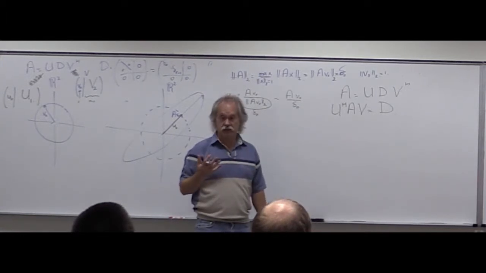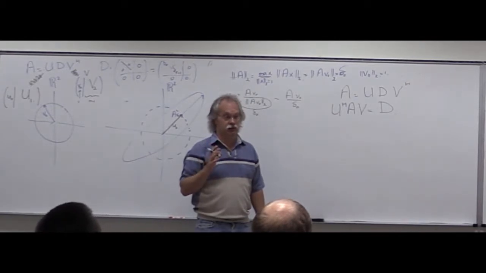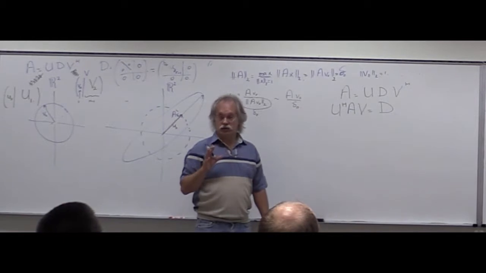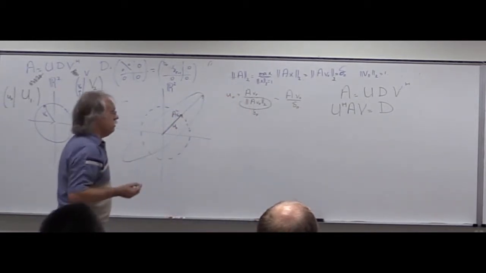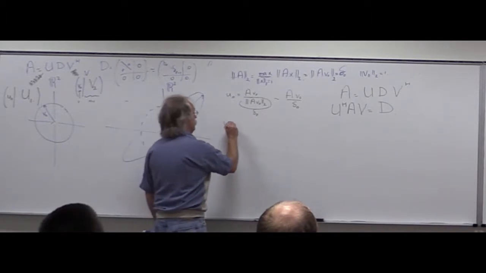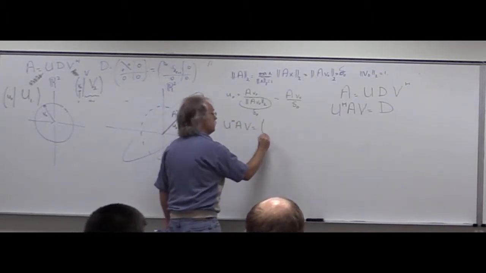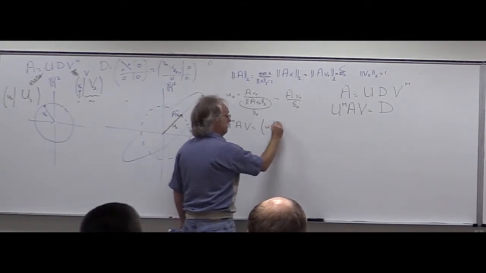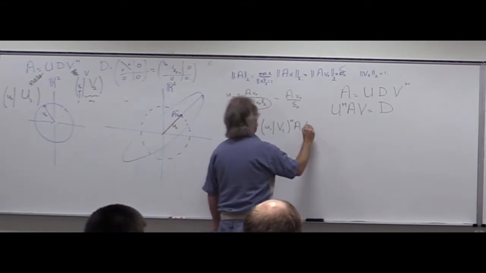We're going to see that we're not quite that lucky, but we'll get partially there. Okay? Let's have a look. U Hermitian A times V is U1 V1 Hermitian A times, oops, should be U.